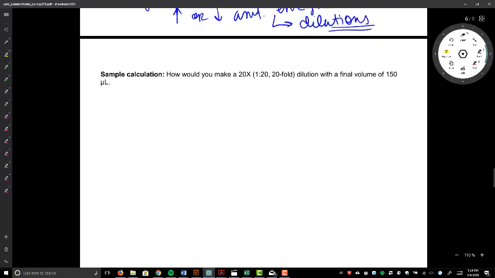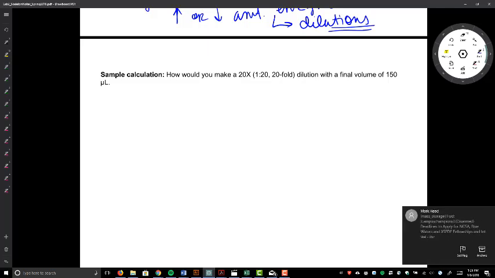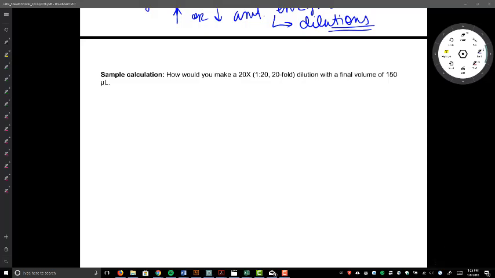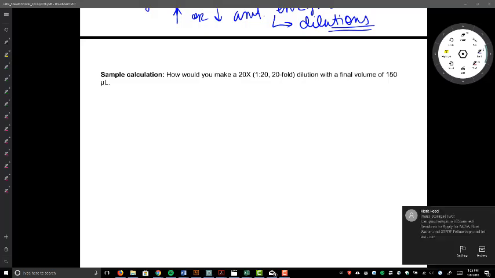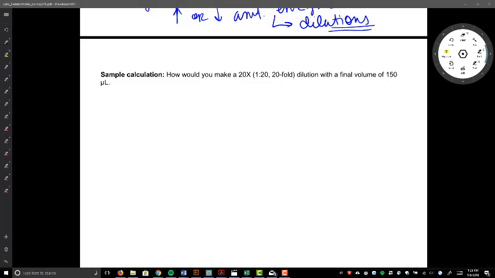Now, to ensure that you make proper dilutions, you'll need to use the M1V1 equation. So now we're going to go through a few different practice problems. The first of which is how to make an enzyme dilution.